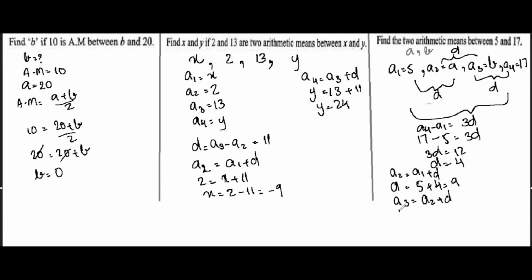So a3, which is b, is equal to a2, which is a, which is 9, plus d, which is 4, equal to 13. So the first arithmetic mean is 9, the second arithmetic mean is 13, and these are the two arithmetic means between 5 and 17.